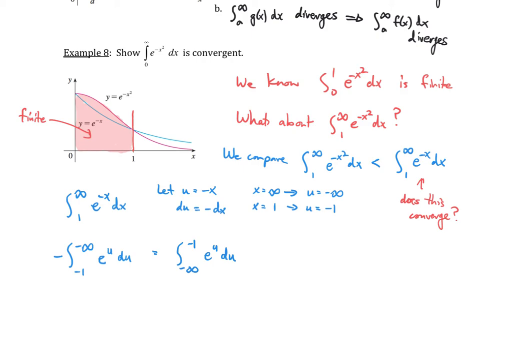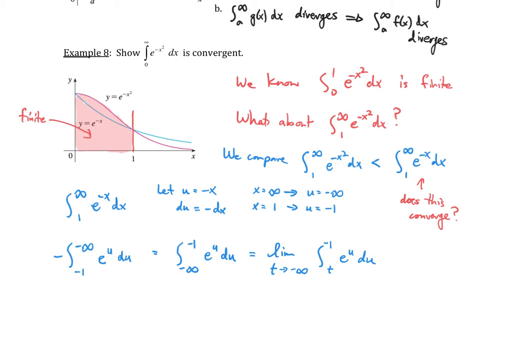And this is a type 1 integral, so we need to express that as a limit. So we're going to have the limit as t approaches negative infinity of the integral from t to negative 1 e to the u du.